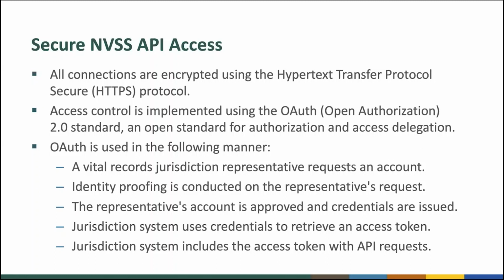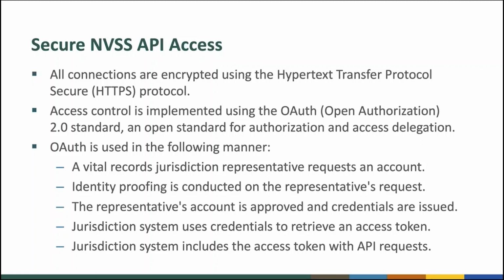Another important part of security is access control, ensuring that only people who are granted access can make use of the API. That access control is going to be implemented using the OAuth, or Open Authorization 2.0 standard, which is an open standard for authorization and delegating access.